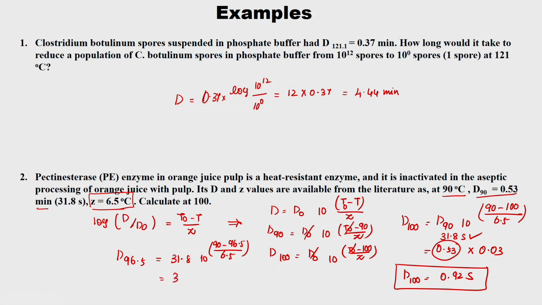It would give me 3.18 seconds. So, this is what the definition says: to kill 1 log, here I got 31.8 seconds. So, 1 Z value gives me 1 log reduction in the D value, just to make you understand that concept.